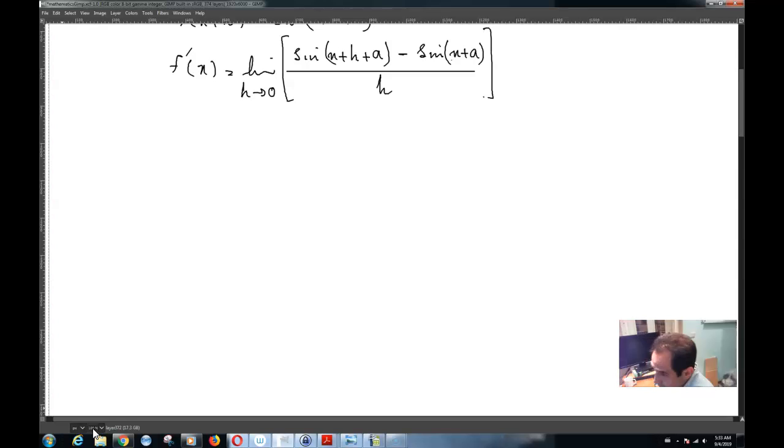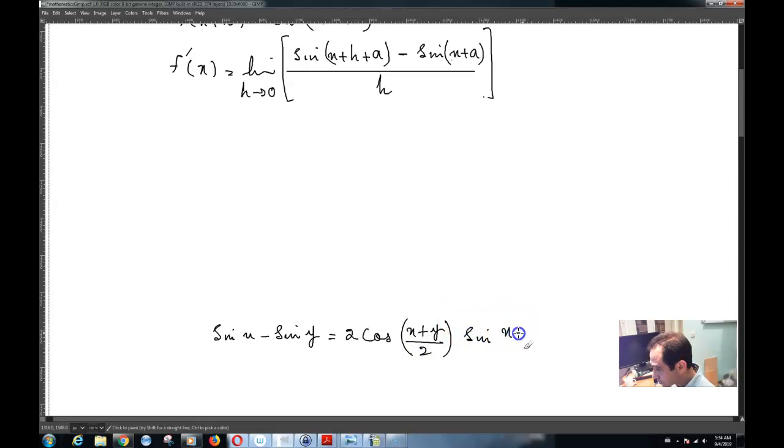Okay, so here what you have is nothing but sine x minus sine y, which is equal to 2 times cos of x plus y divided by 2 times sine of x minus y divided by 2.